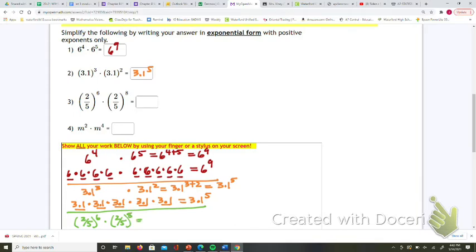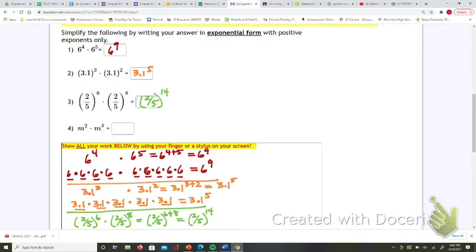So now we've done it several times where we wrote it all out and we counted them. Well, now we remember that it's 2/5 to the 6 plus 8, which is 2/5 to the 14th. So then we go type 2/5 to the 14th.